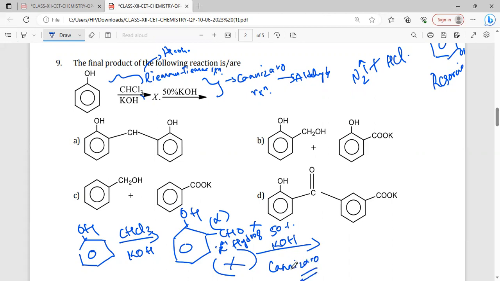The condition for the Cannizzaro reaction is that you should not have an alpha hydrogen. Now I don't have an alpha hydrogen in this particular molecule, my salicylaldehyde, so this can undergo the Cannizzaro reaction.